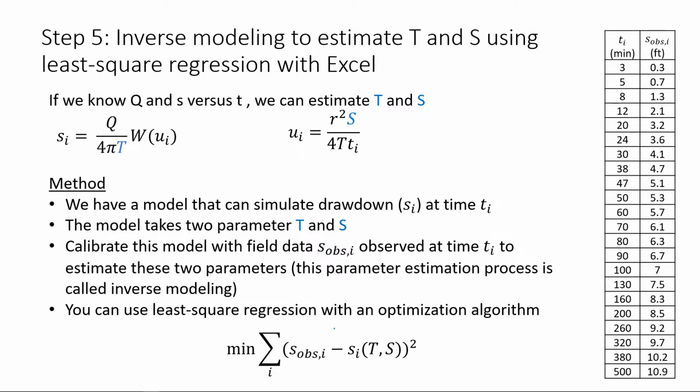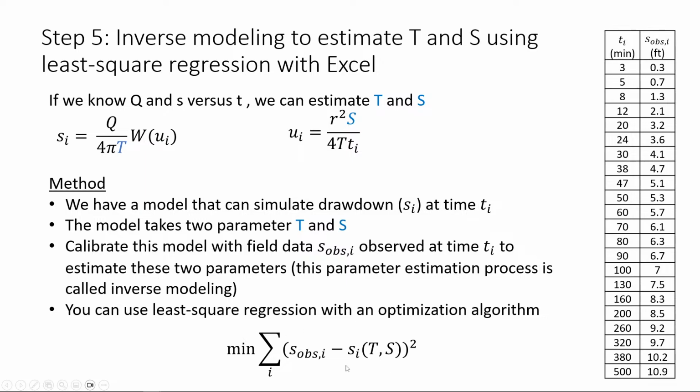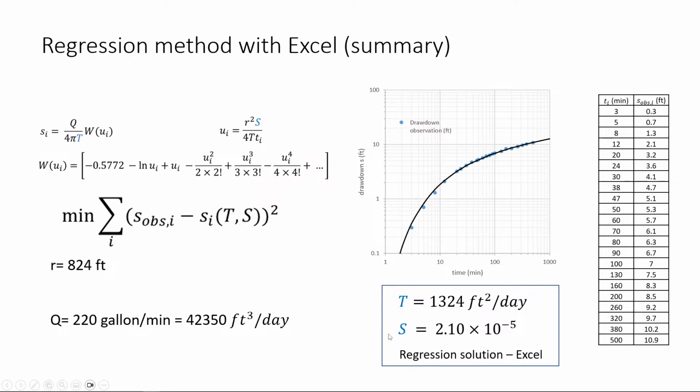This is called least squares regression. The residual is the difference between what I'm observing in the field and the model. I take this distance, square it, do the same for every residual, and sum them up. That is the sum of squared residuals, and if I did this, that is the good match that I got.